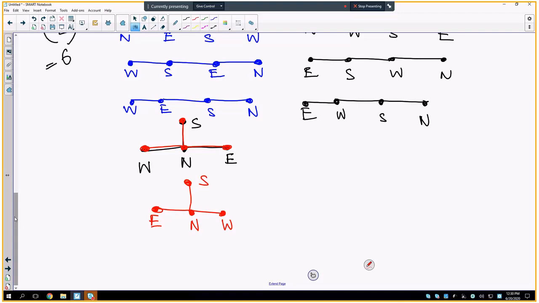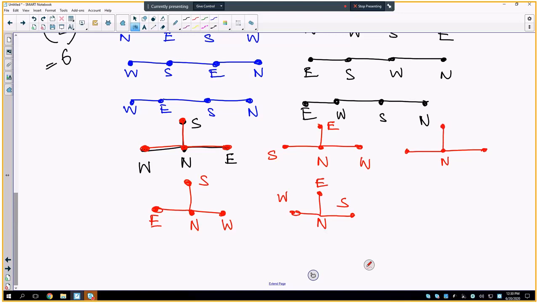So one of the other situations that I can think of, keeping north in the center, and the top one, instead of using south, now I can start using east, and then south and west are going to be the 2 sides, but they're still the same graph. I can do north, east, west, and south. And now, for variety, I can go ahead and say that this is north, and I can go ahead and do west up here.